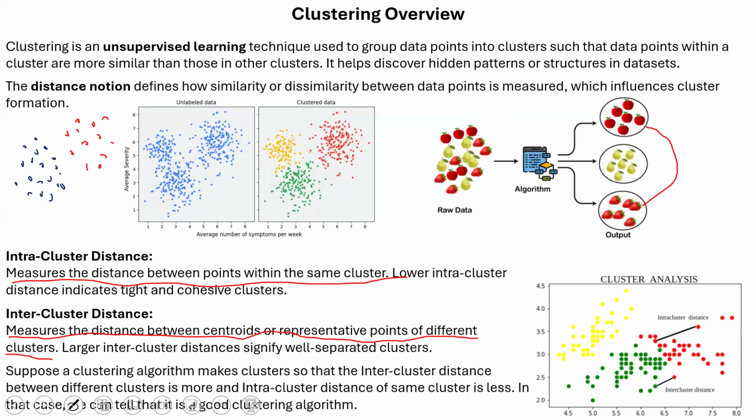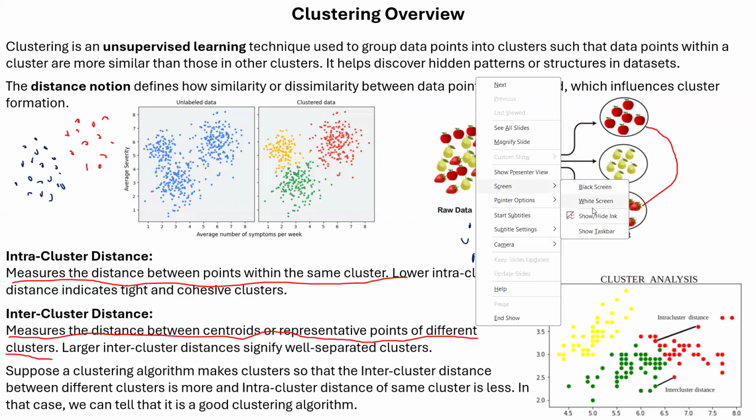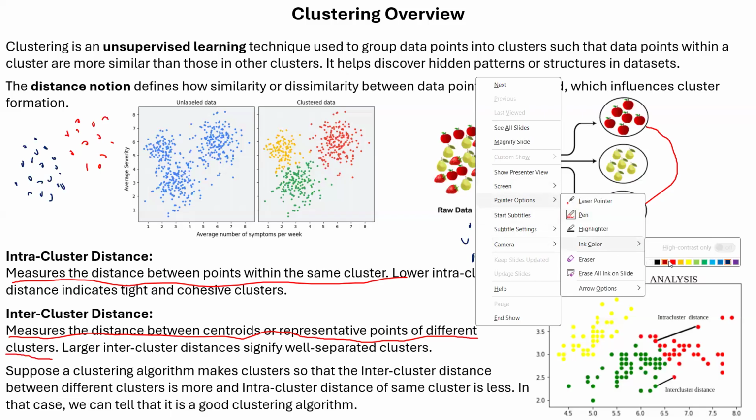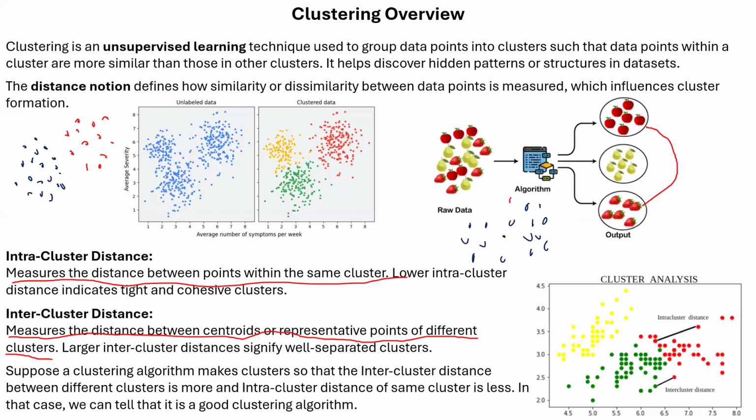Okay, so this is one example, and if you take another example, these points belong to one cluster, and let's take the other set. Then you will understand why we have to increase the inter-cluster distance and decrease the intra-cluster distance. You will understand now. So this should be very wide.